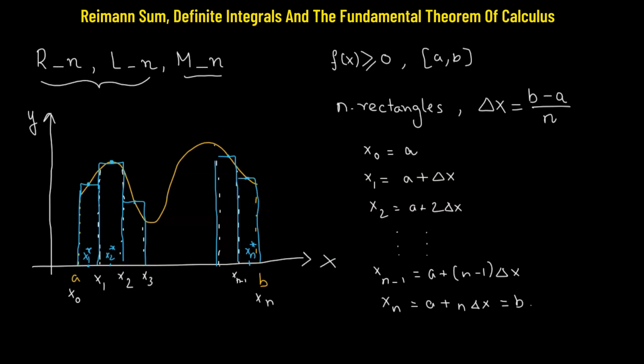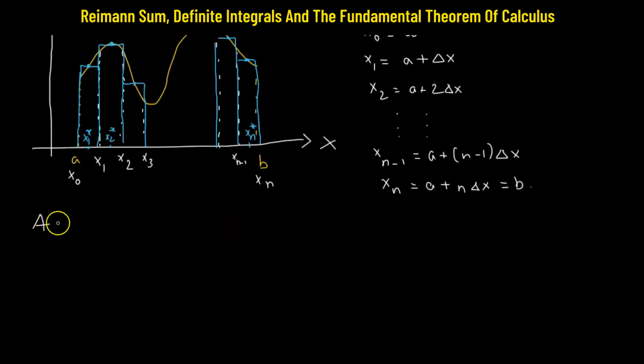Next we find the area of each of these rectangles and sum them up within the interval a and b, and that is going to give us the area under the curve. So the area is approximately, not exactly equal to, the following. For the first rectangle, delta x is the width multiplied by its height, which is f of x1 star, plus delta x multiplied by the height of the second rectangle, which will be f of x2 star.